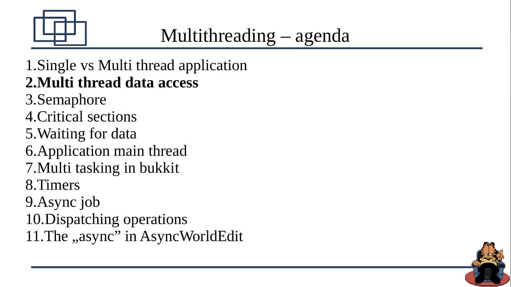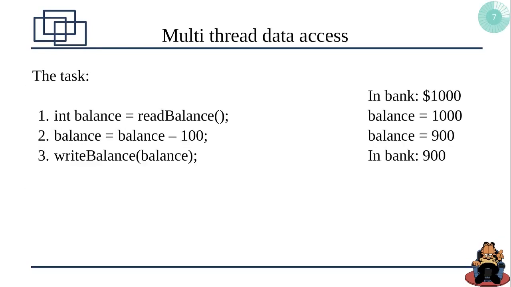Now let's talk a bit about accessing data in a multi-thread application. Here is a simple example of an application that reads data from the bank account, does some simple operation on it and writes it back.